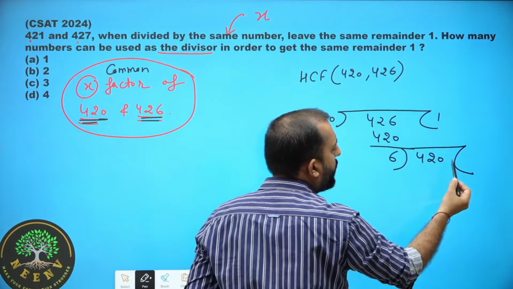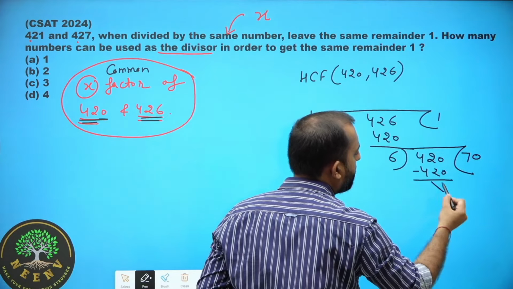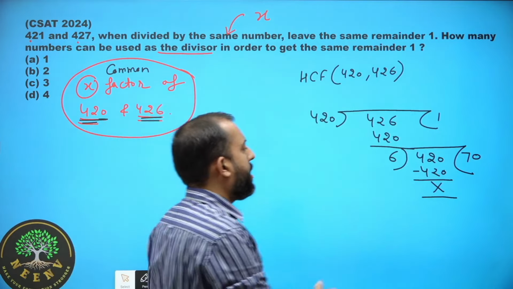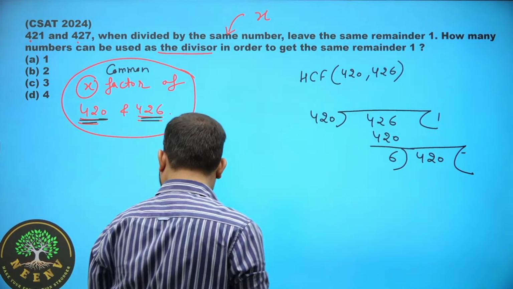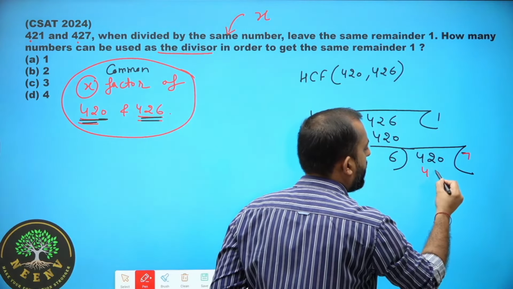Now 6 times 70 is 420. So see, or rather than this, if you are getting confused here, what else you can do? 6 sevens are 42.